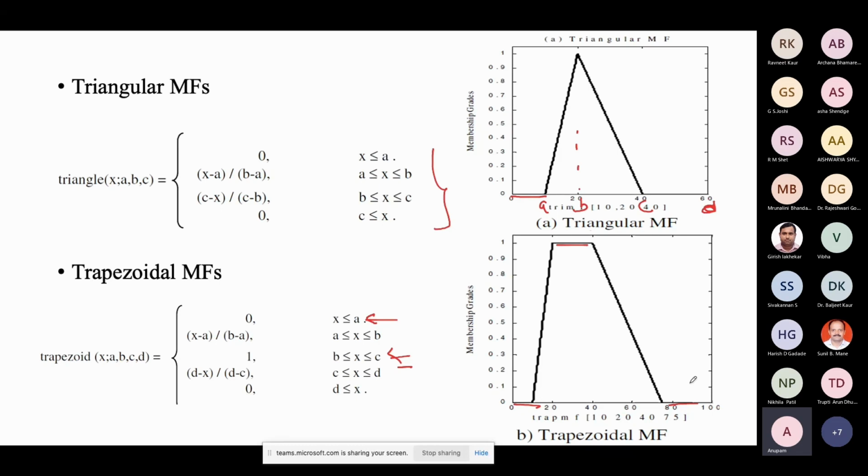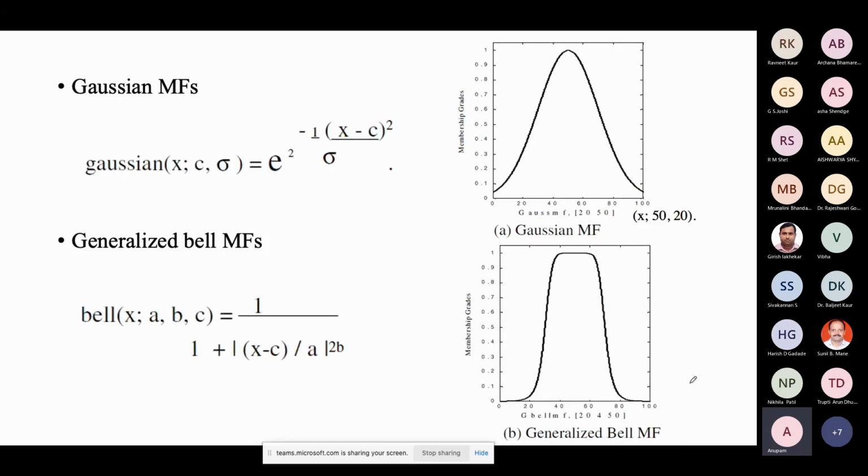The Gaussian is one of the famous things in our engineering field, right? The Gaussian membership function is also available in the literature, and it can be defined with this mathematics. This is again a membership function itself. The next one is the generalized Bell membership function. This is a Bell kind of structure, and it has the formula 1 divided by 1 plus |x minus c| divided by a, to the power 2b, where c stands for the mid value.